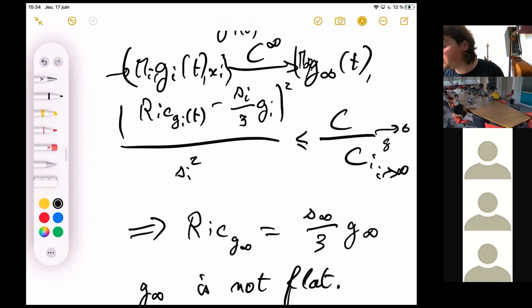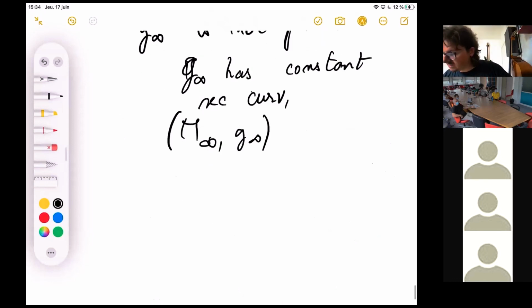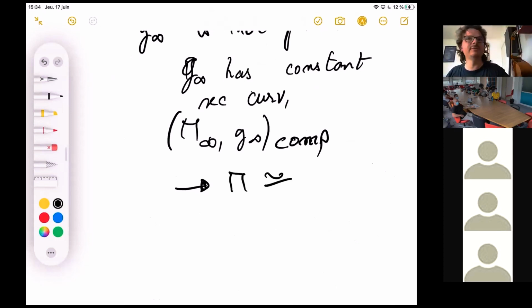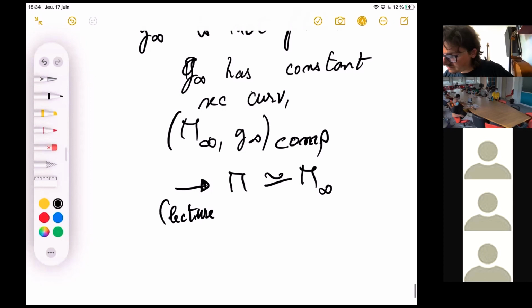Maybe the topology could have changed, but since the limit is compact, as I gave as an exercise, that tells you that for i big enough, the manifold is diffeomorphic to the limit, but we have only one manifold. So see lecture 1.